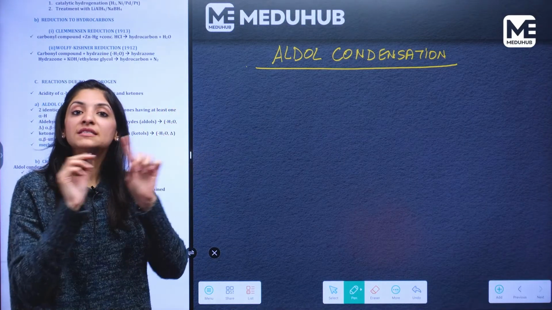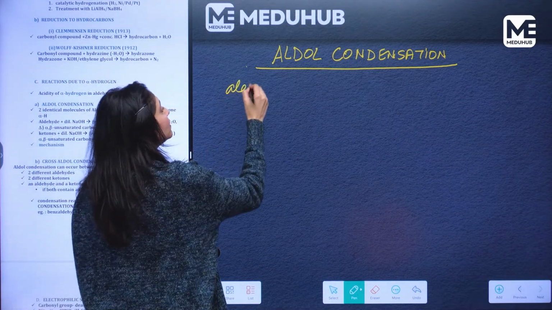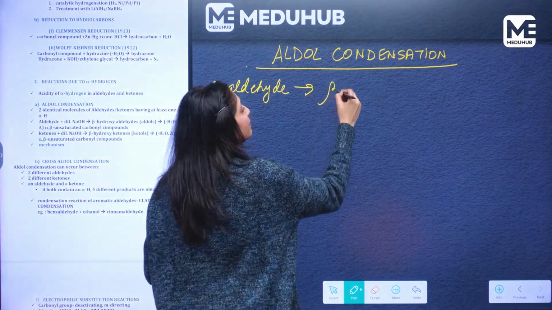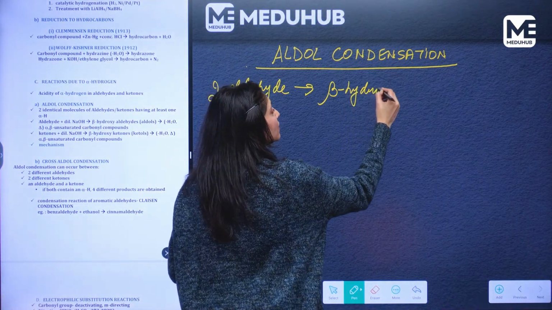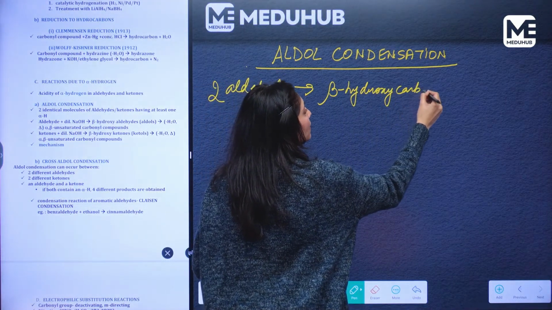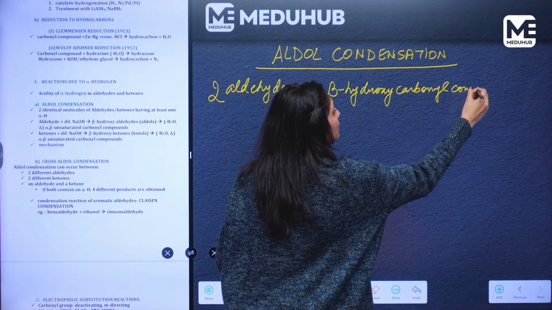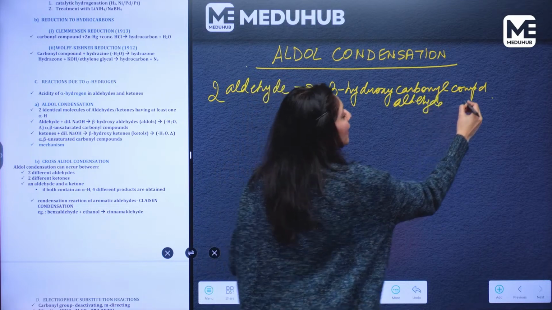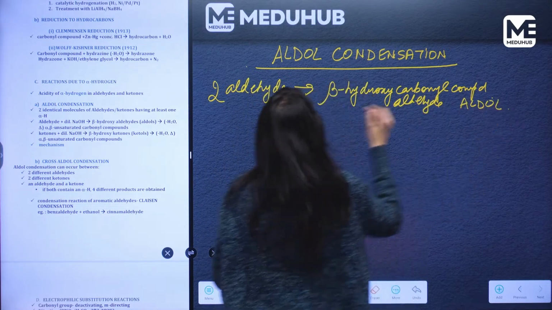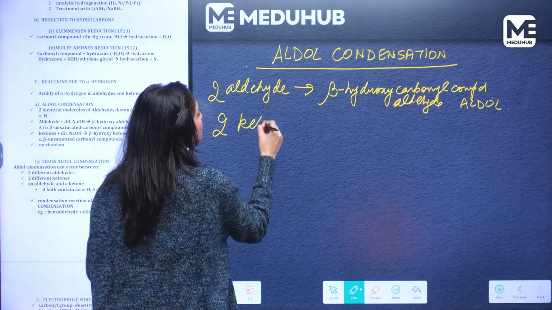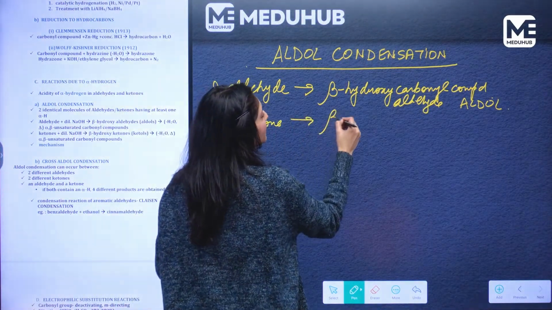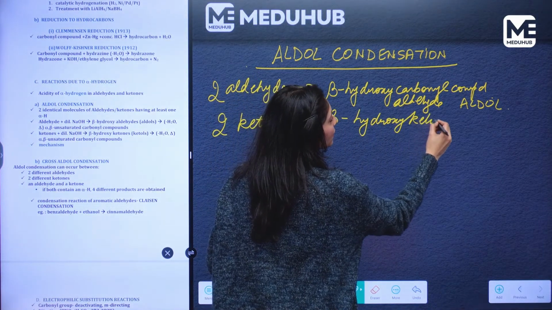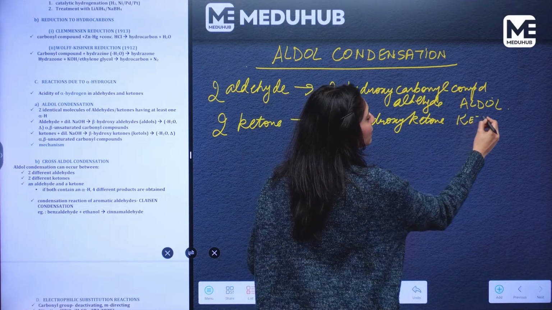So when two molecules of the same aldehyde combine together, they give a beta hydroxy carbonyl compound or an aldehyde, which is called aldol. Or when two molecules of ketones combine together, it gives beta hydroxy ketone, which is called a ketol.